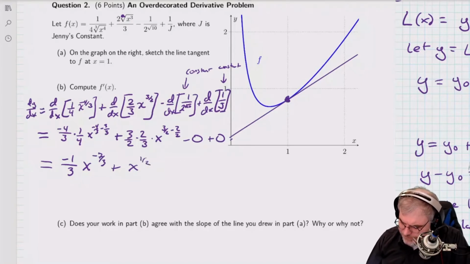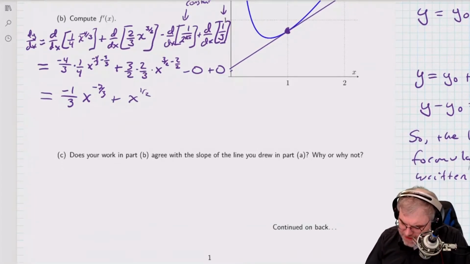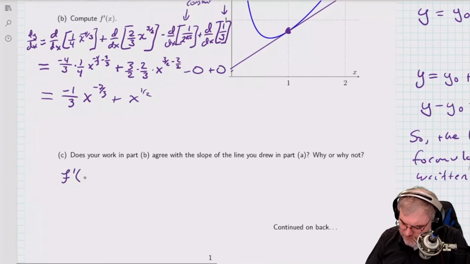Okay. And then does my slope agree? So let's see. F prime of 1 equals -1/3 times 1 plus 1 to the 1/2. Well, that's nice.